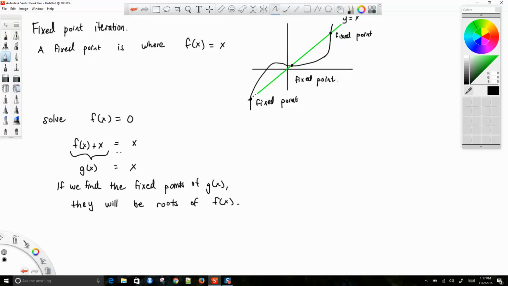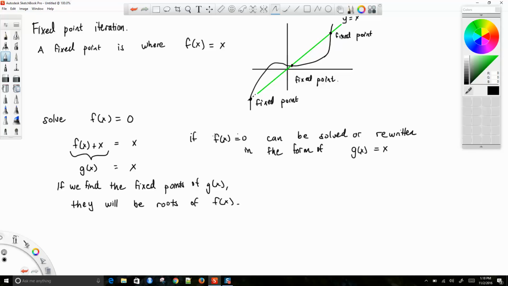Okay. And conversely, it doesn't just have to be you add x to both sides, okay? If f of x equals 0 can be solved or rewritten in the form of something else, and we'll just call this g of x equal to x.